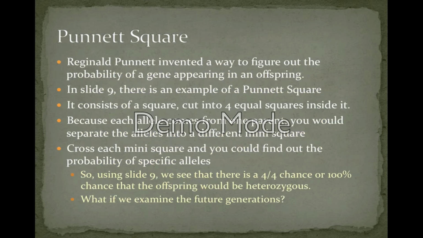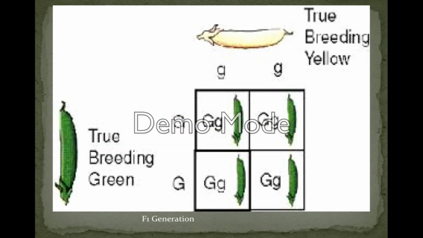So, a Punnett square. Reginald Punnett invented a way to figure out the probability of a gene appearing in an offspring. In the 9th slide, there's an example of a Punnett square. So let's go back to that slide. All right, so here you go. This exactly is called a Punnett square.